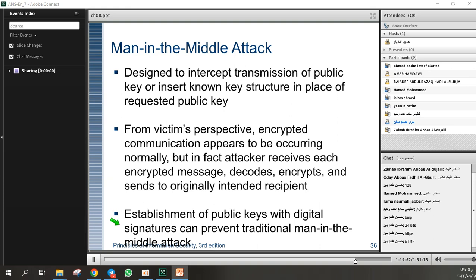To prevent this, the best way, and the only way, is using digital signatures. Before starting to talk with Alice, I should check, "Hi Alice, how are you? May I have your digital signature?"